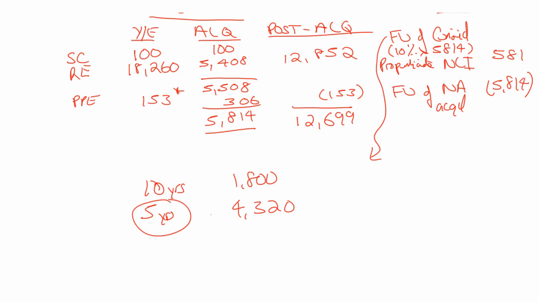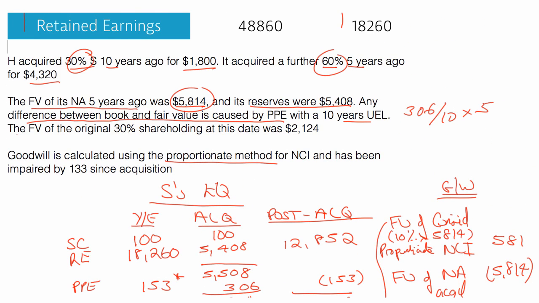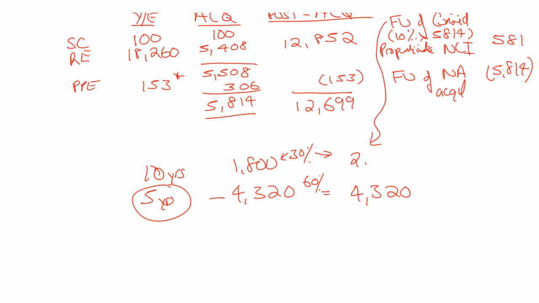I want the fair value 5 years ago, so the fair value of this bit when I bought 60%, remember this is when I bought 30%, the fair value of that 5 years ago was obviously 4320, because that's what I paid. But I want to know what is the fair value of 30%, not 10 years ago, but 5 years ago when I bought it. What was the fair value then? And it says the fair value of the original 30% at this date was 2124. That's the figure I want then.